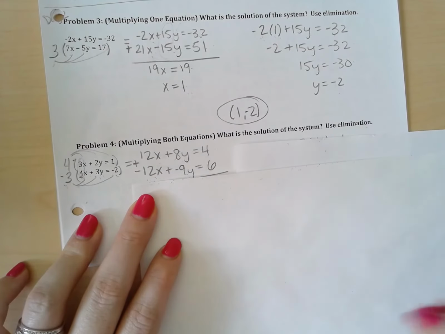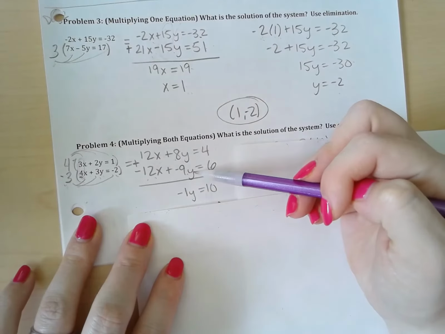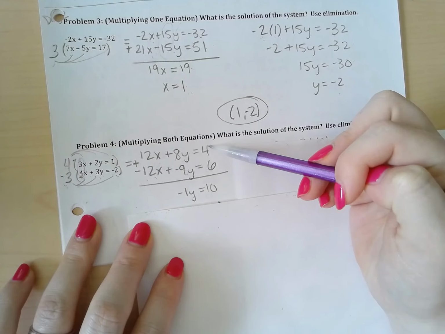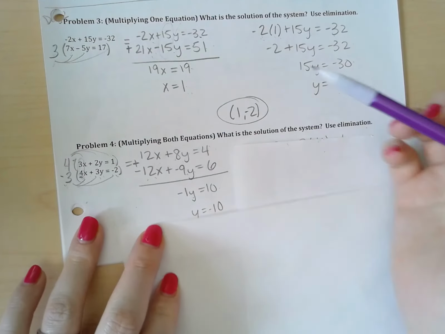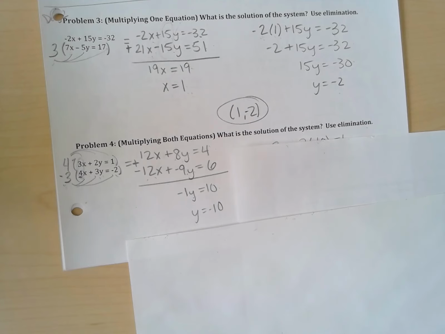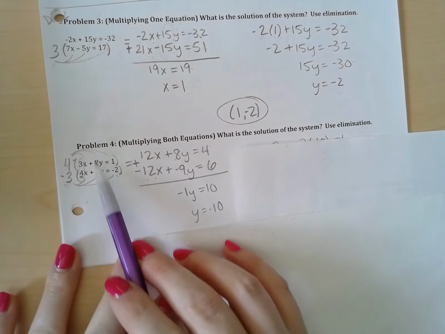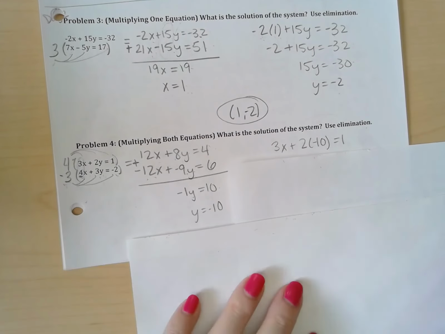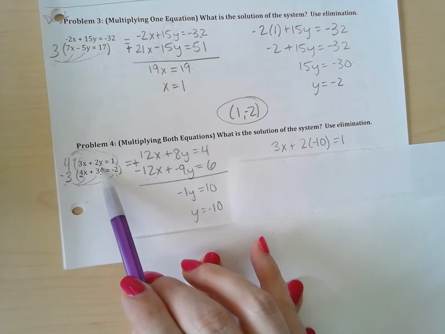My x's are going to eliminate. 8y plus negative 9y gives me negative 1y. 4 plus 6 is 10. Divide each side by negative 1, and I get y equals negative 10. The next step is to pick one of these two original equations. I'm going to go with the top one, and plug in y equaling negative 10 for the y in this equation.